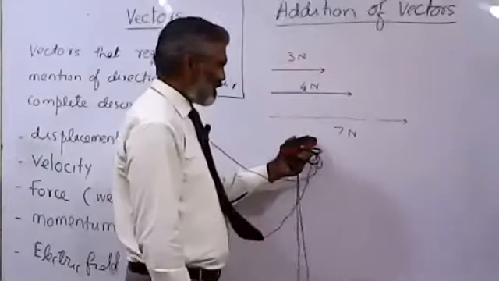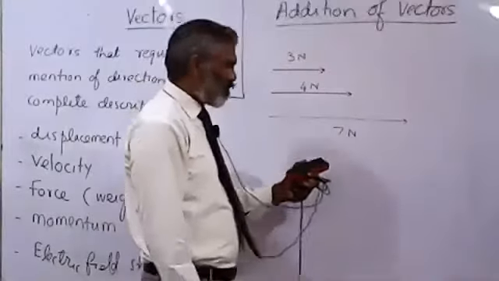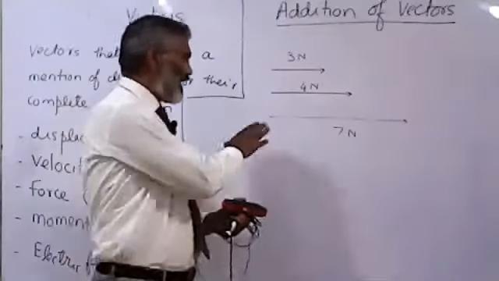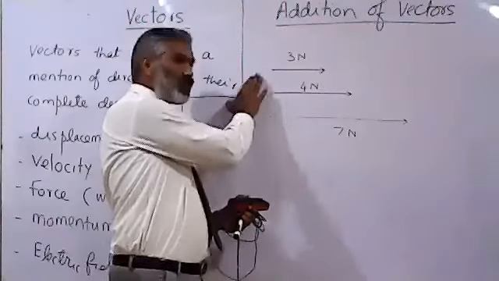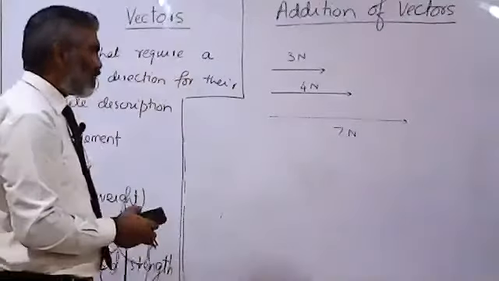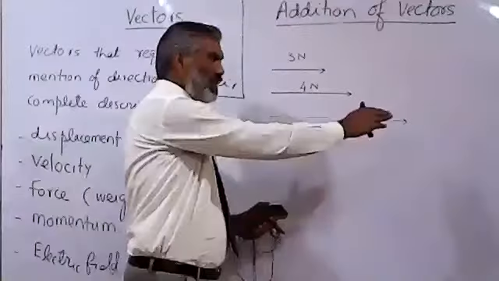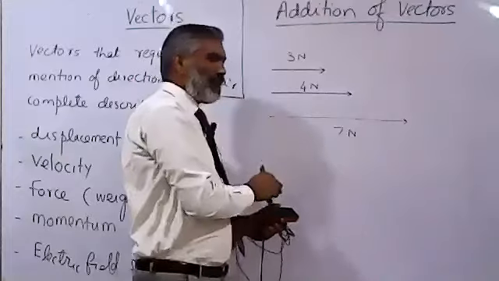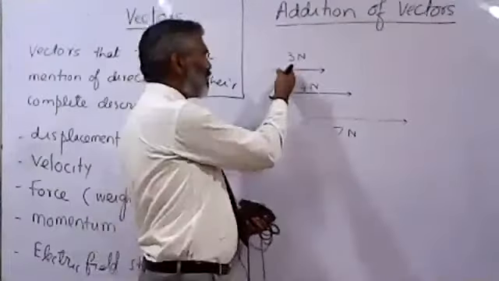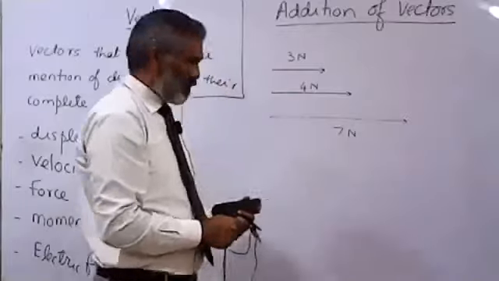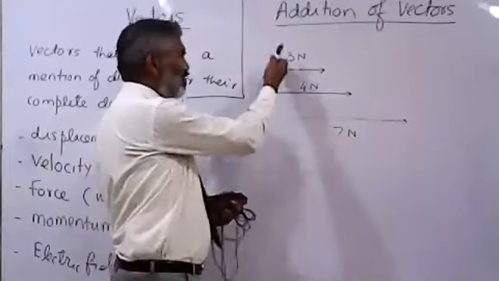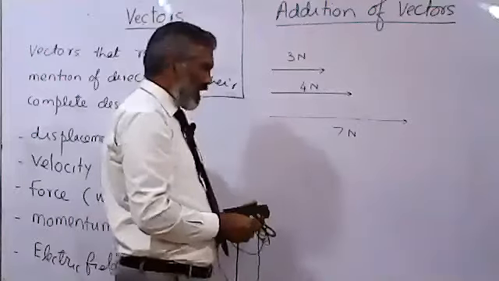This is the force that has the same effect as these two together. So that is why this is the resultant of these two forces. It has the same direction as these two have, and they are simply added like numbers. So magnitude is treated as the simple sum of the magnitudes of these two. So 3 plus 4 equals 7.